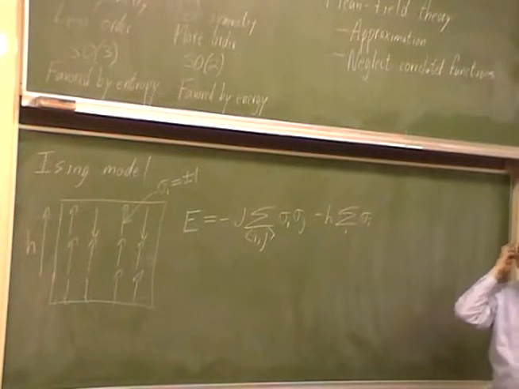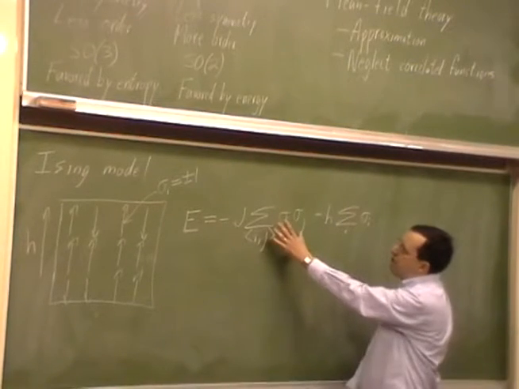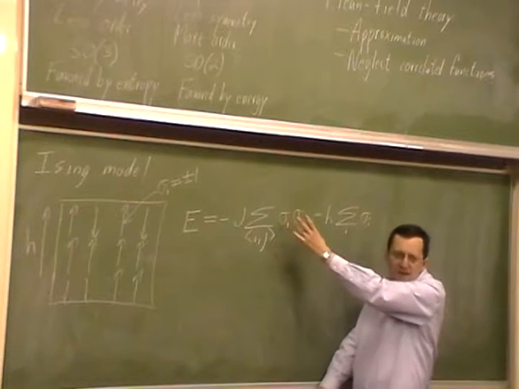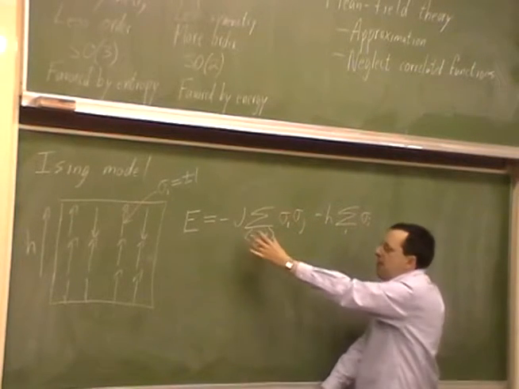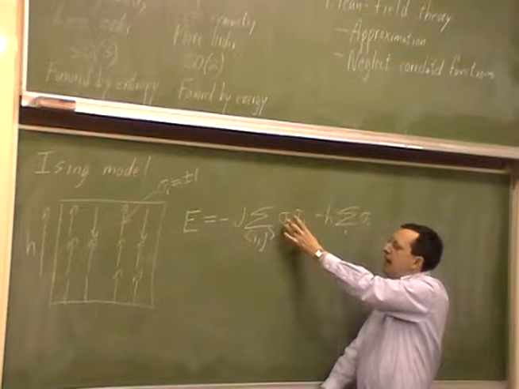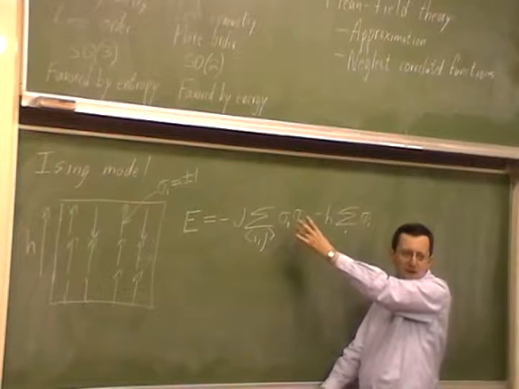Okay? So what you'll notice here is that this first term favors having the two spins aligned with each other, right? This is minimized if sigma_i and sigma_j are both plus 1 or both minus 1.